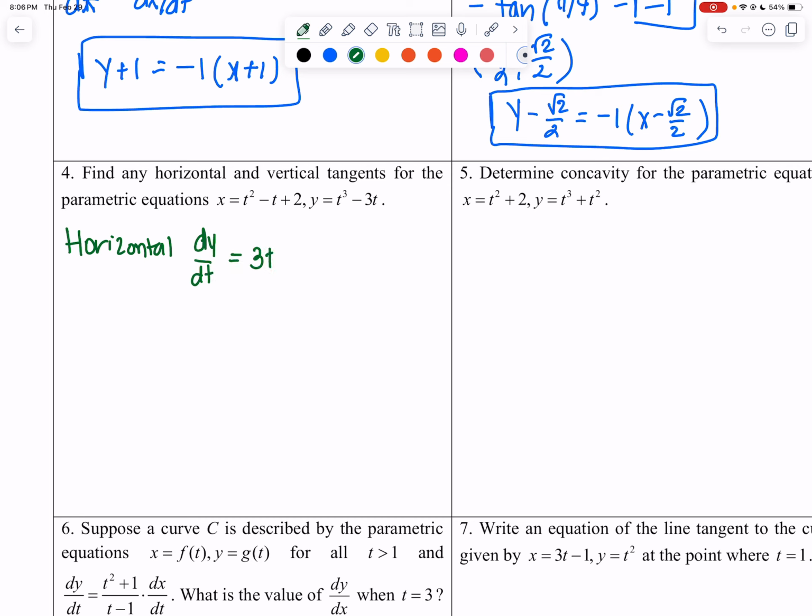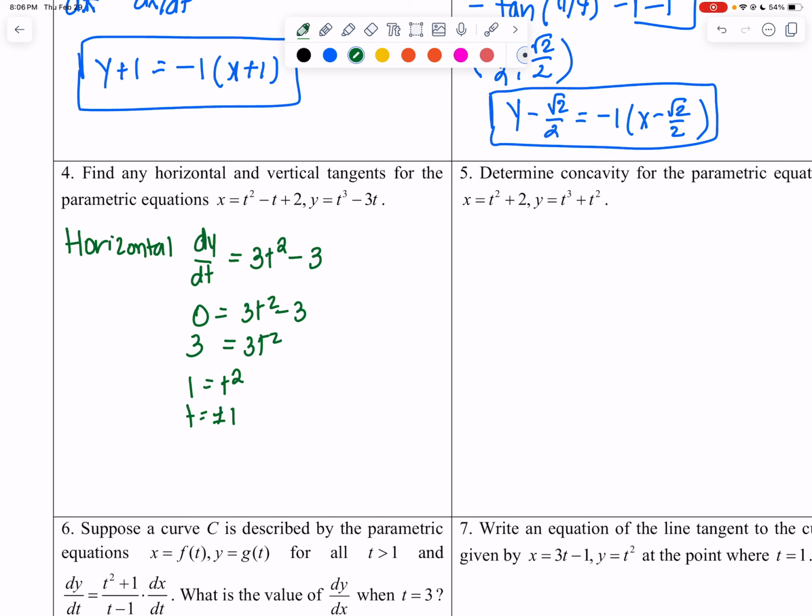That's going to be 3t squared minus 3. I'm going to set that equal to 0. And that means that 3t squared is equal to 3, so 1 is equal to t squared. So t being plus or minus 1.